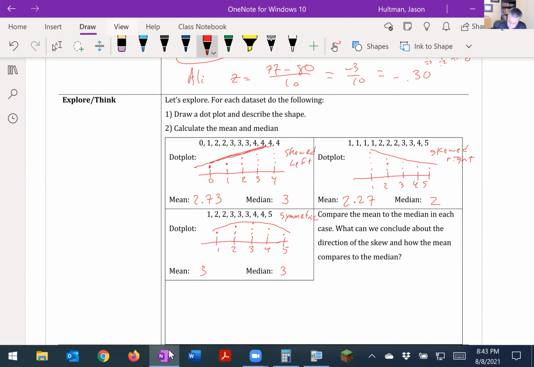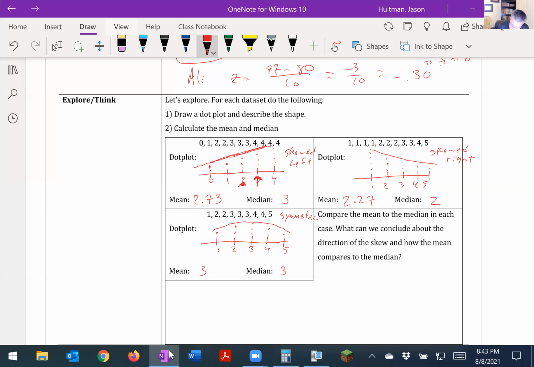The mean is less than the median when it's skewed left. The median is the middle number here, but the mean was less than the median.